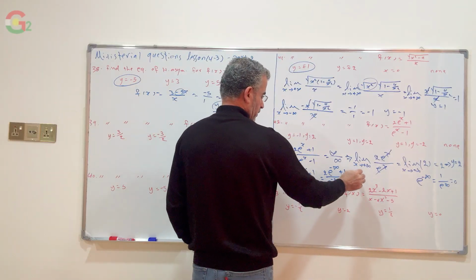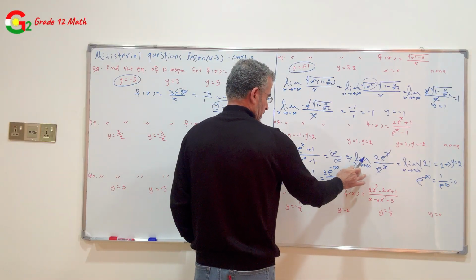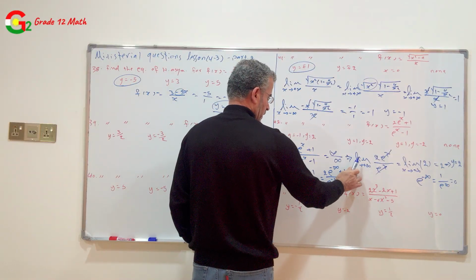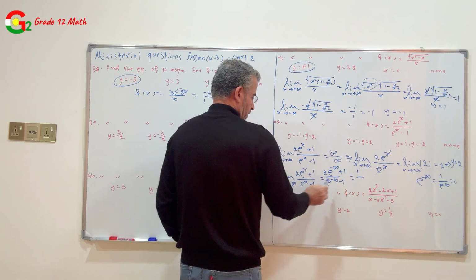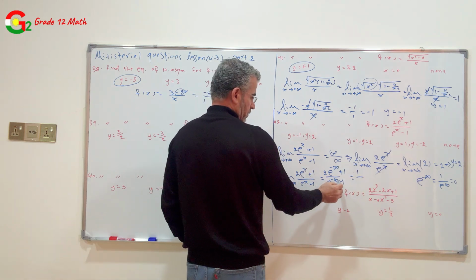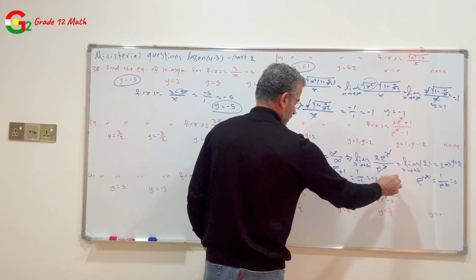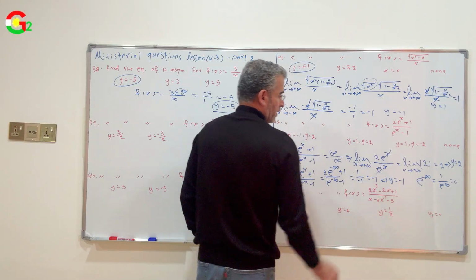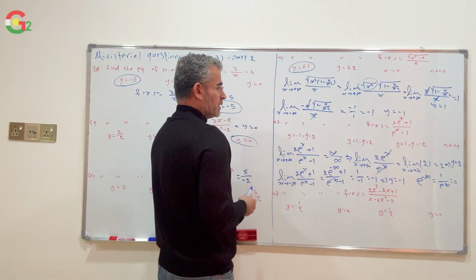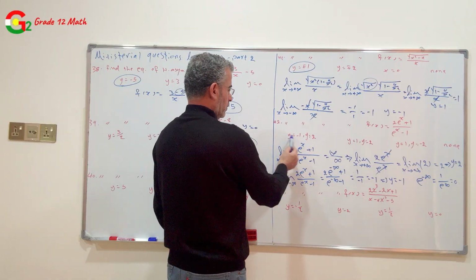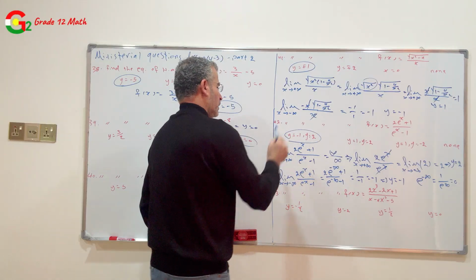Therefore, 0 plus 1 is 1. And e to the negative infinity is also 0, so 0 minus 1 is minus 1. The result in this case is y equals negative 1. Therefore, we have two horizontal asymptotes, y equals 2 and y equals negative 1.